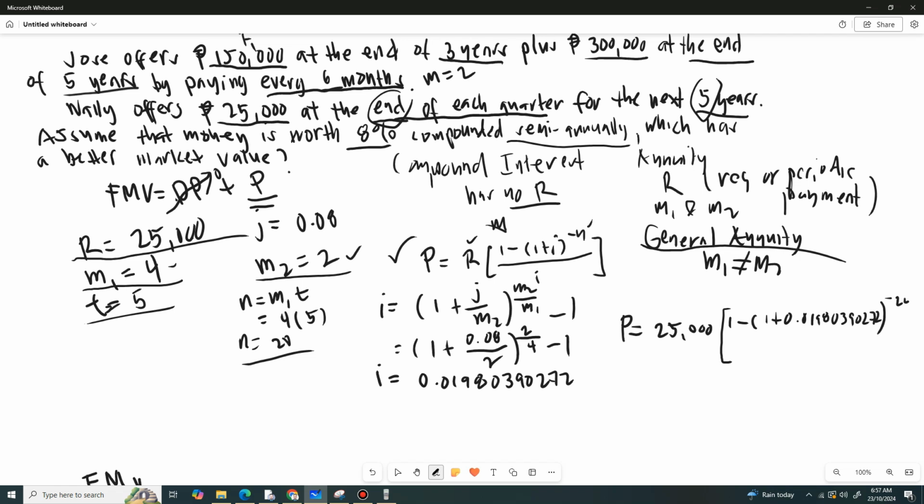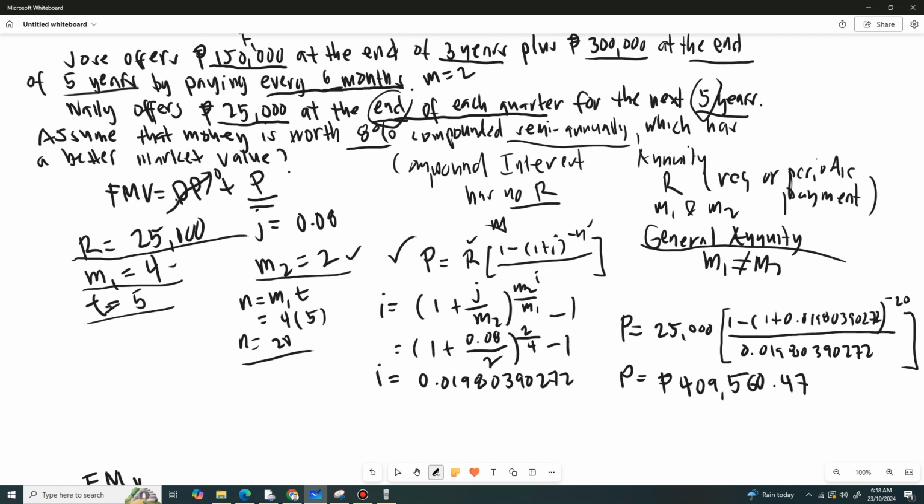Raised to negative 20, all over the I. Computing this, we will get P equal to 409,560.47.